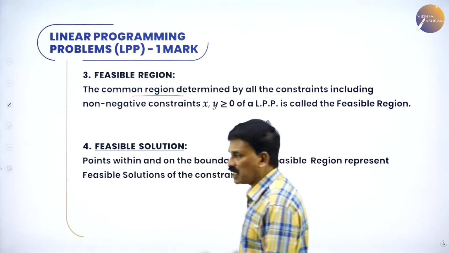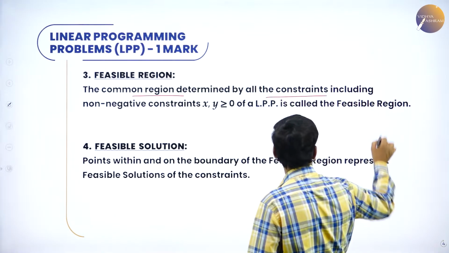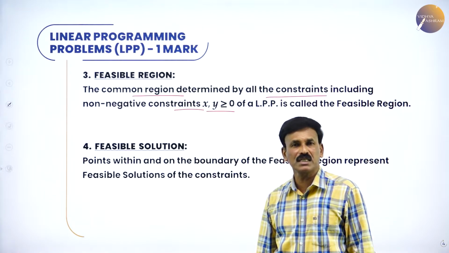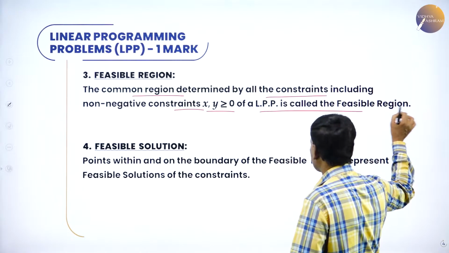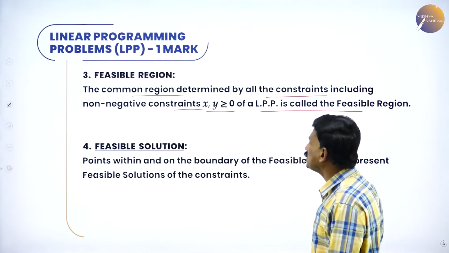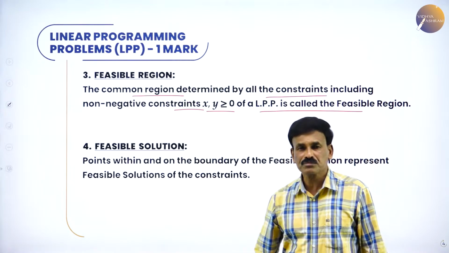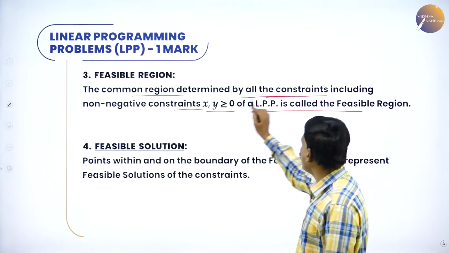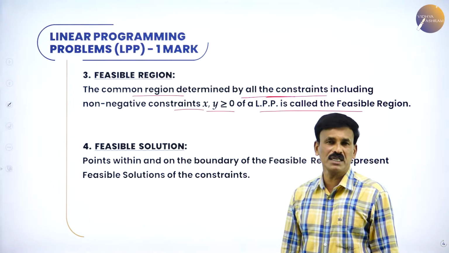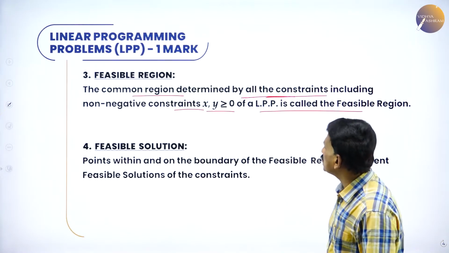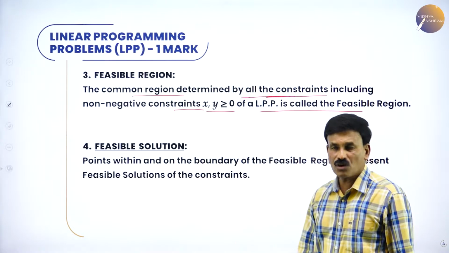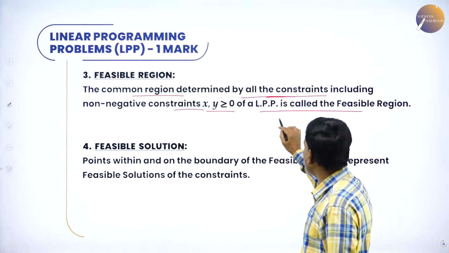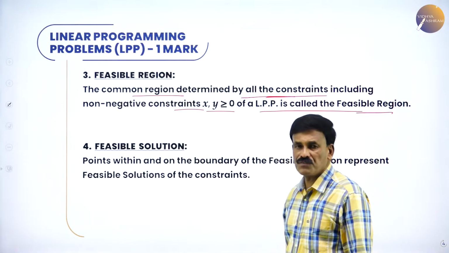The common region determined by all the constraints, including the non-negative constraints, that is x is greater than or equal to 0 and y is greater than or equal to 0, of a linear programming problem, is called a feasible region.